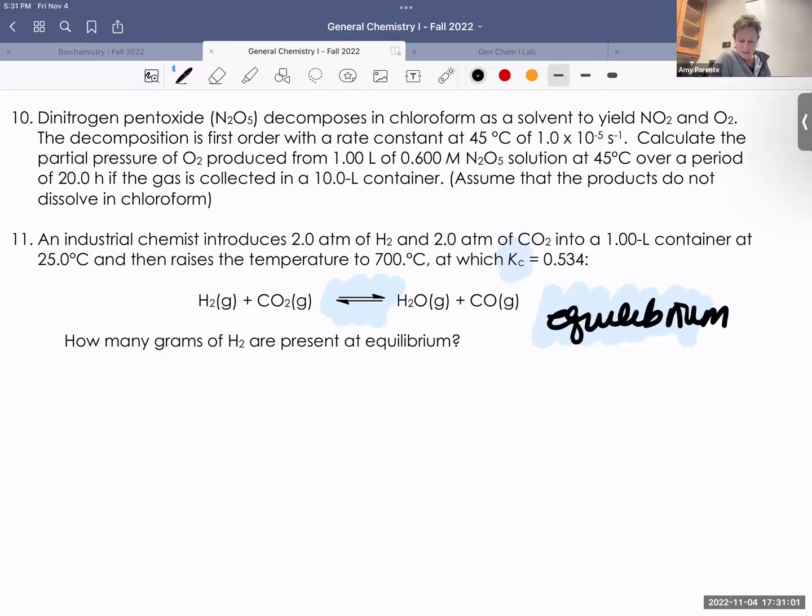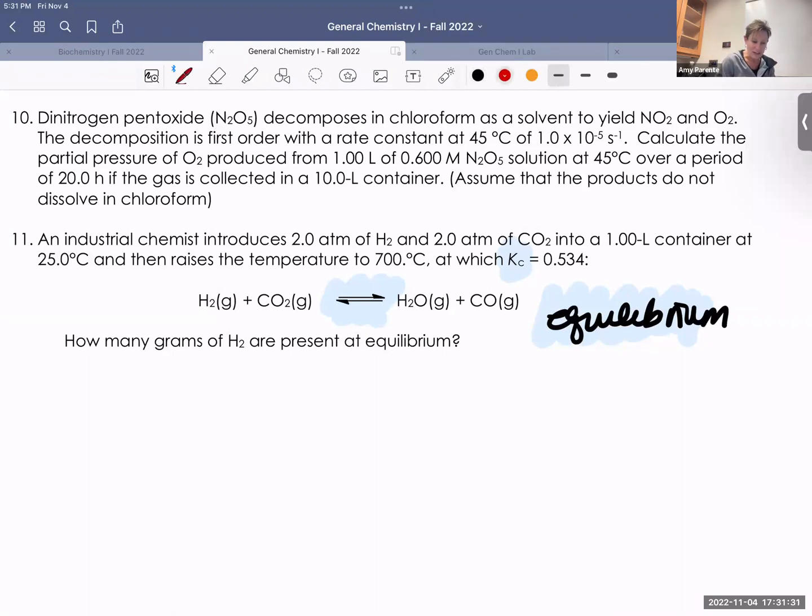An industrial chemist introduces 2 atmospheres of H2 and 2 atmospheres of CO2 into a 1-liter container at 25 degrees C, and then raises the temperature to 75 degrees C. And at that temperature, remember we said equilibrium constants are temperature dependent. That's what our equilibrium constant is, 0.534. We want to know how many grams of H2 are present at equilibrium.